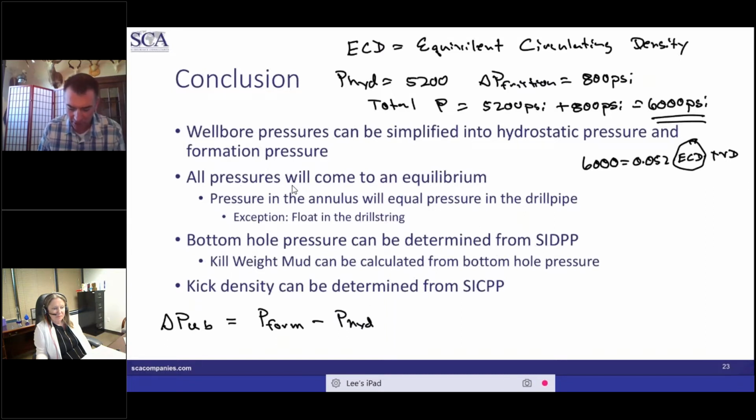If I was underbalanced during dynamic conditions, it would be minus my delta P, change in pressure due to friction in my wellbore, or my pumping losses as well. So I think that answers that question. But again, I could go into that in great detail in a lot of different aspects given more time.